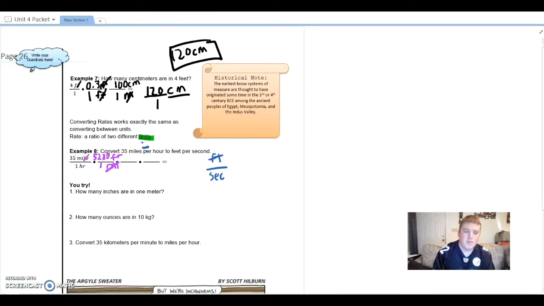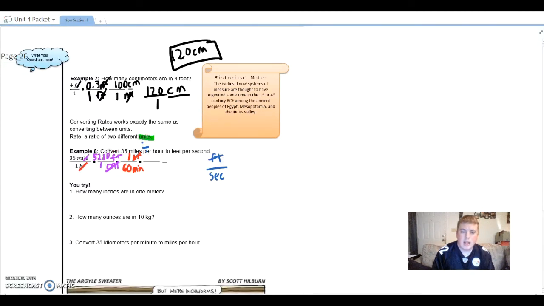So I've taken the feet to where it needs to be, so now I need to look at converting the hours. So notice that the hours are on bottom here instead of on top like we're used to starting out with. So I'm going to need to put hours on top to be able to cancel them out. Now we know that 1 hour is the same thing as 60 minutes, and I can cancel out hours and hours.